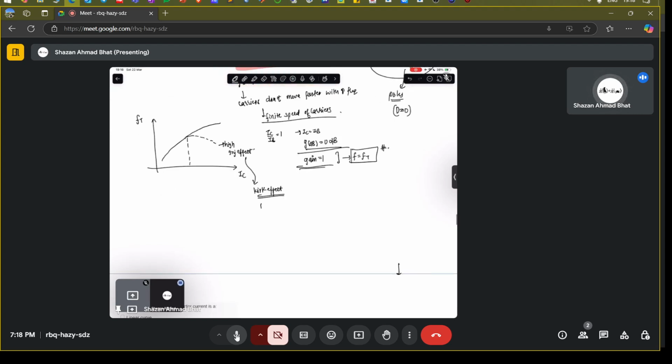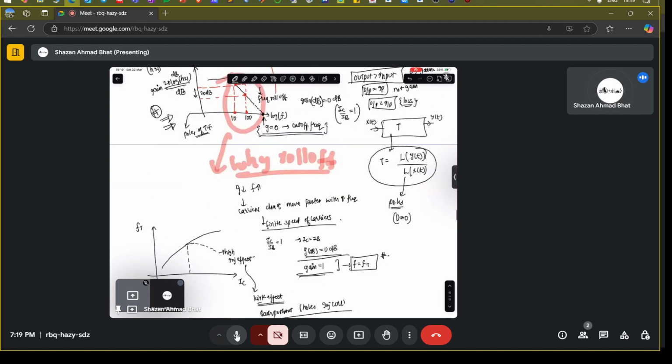It's something called base push out. So the holes are getting injected into the collector, and near the collector base junction, the electric field approximately becomes zero. So it reduces this cutoff frequency.